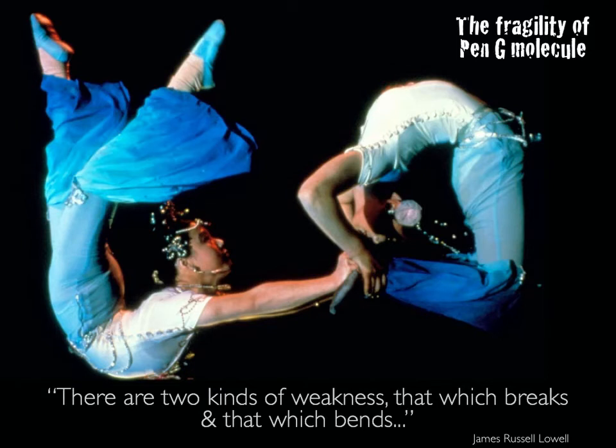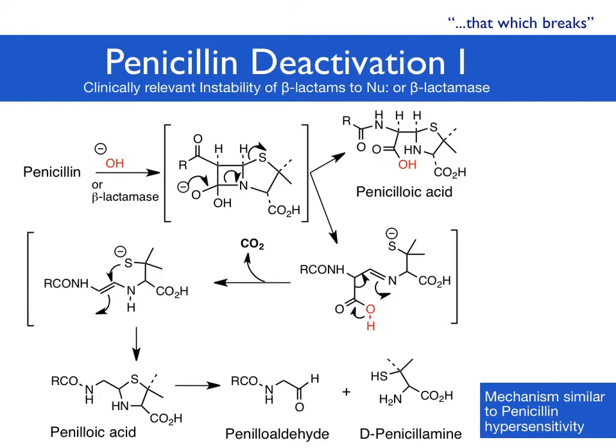This is very important. The first deactivation or decomposition of penicillin occurs when you have the enzyme beta-lactamases. I won't go through this; I think pharmacology will cover the different mechanisms and so on.